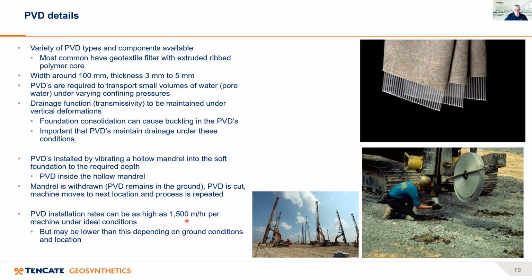But in a lot of cases, you don't have ideal conditions, and so actual installation rates may end up being less than this. Normally what's done, depending on how many wick drains and how quickly you need to install them, you just bring more equipment on site, so you have as much equipment as you need to install the wick drains in the required period of time.